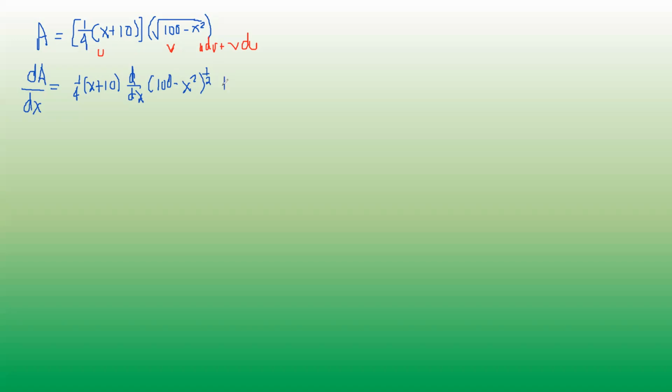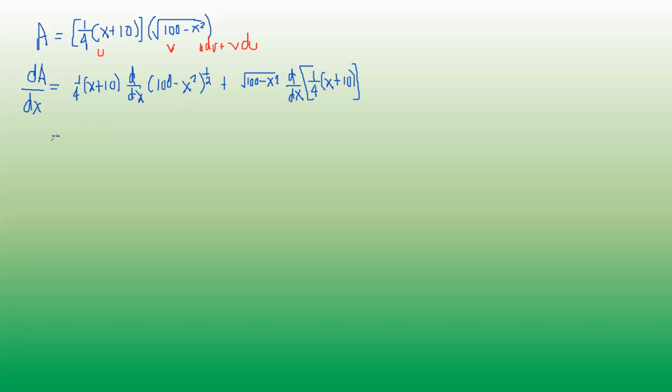Plus, we have v, square root of 100 minus x squared times derivative of u or 1/4 of x plus 10. Okay. Now, applying other derivative formulas. Tuloy natin.